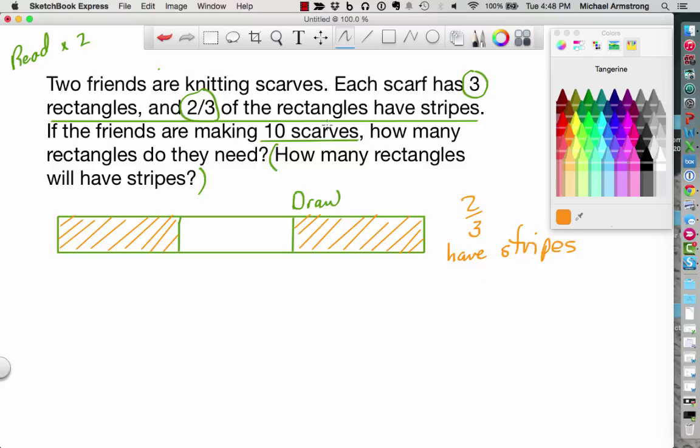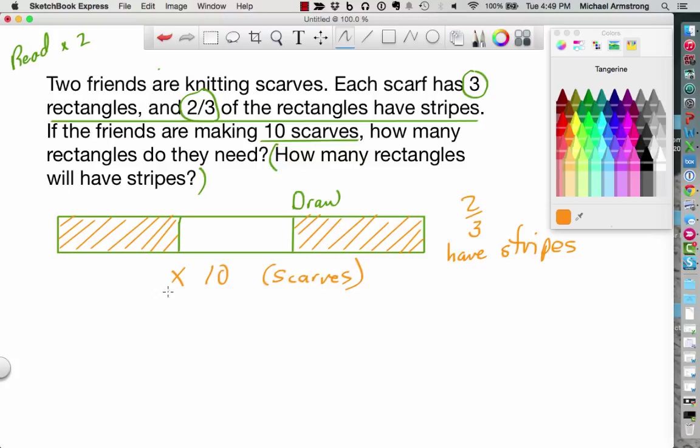If the friends are making 10 scarves, how many rectangles do they need? How many rectangles will have stripes? Okay, so we're using our numbers. We drew a picture to help us understand, and we have to multiply this times 10 because there are going to be 10 scarves. Okay, so 10 scarves means that we're going to multiply times 2/3.